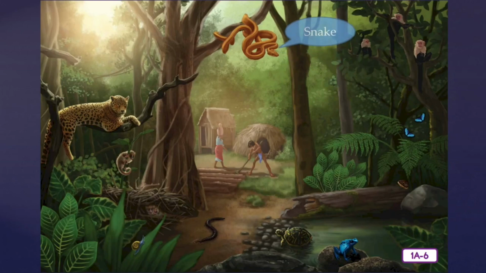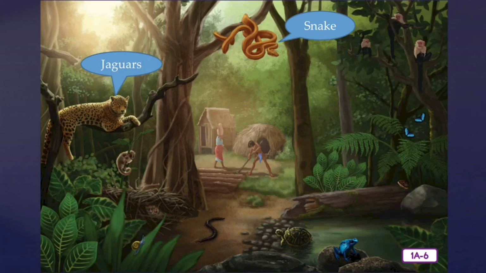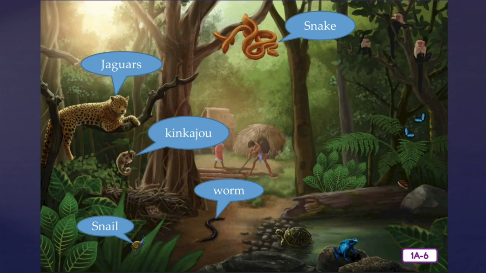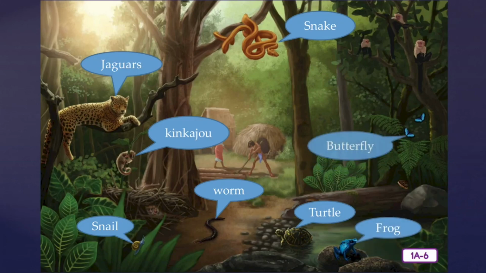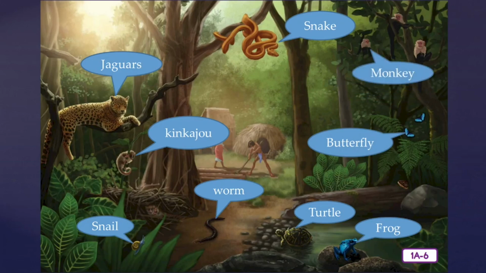They are snake, jaguars, kinkajou, snail, worm, turtle, blue poison dart frog, butterfly, monkey, and human.